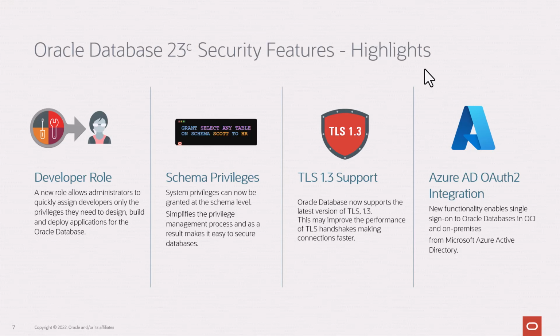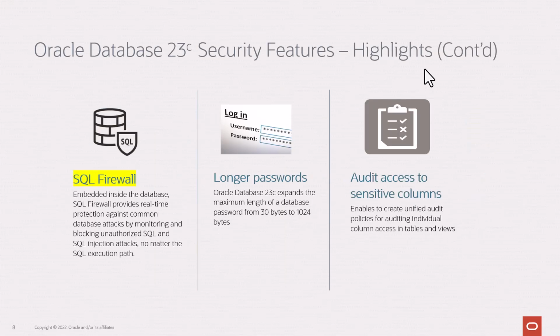So this slide is my agenda: the developer role and schema privileges would definitely fall into this simplification category, whereas TLS 1.3 support and better integration with Azure fall into this other category of better supporting industry standards.